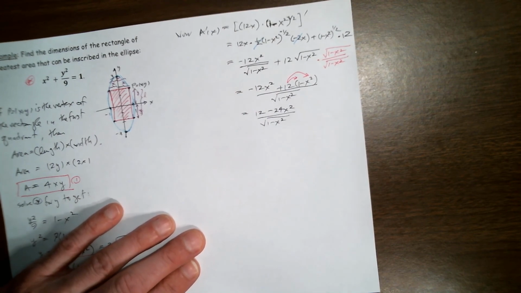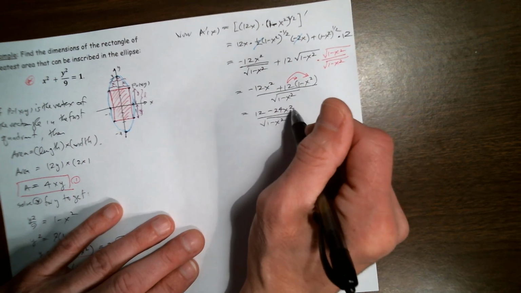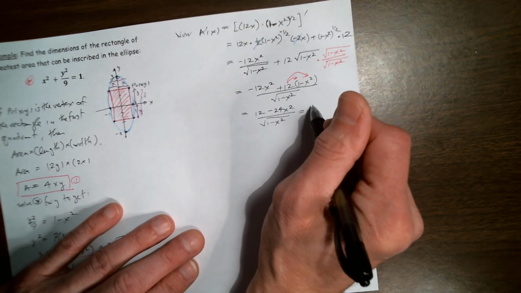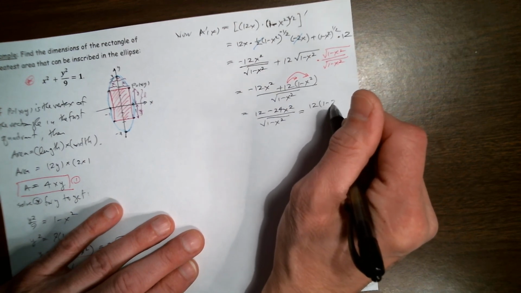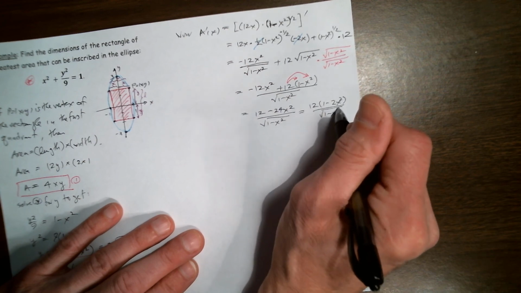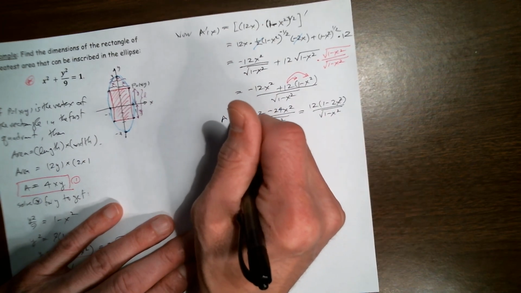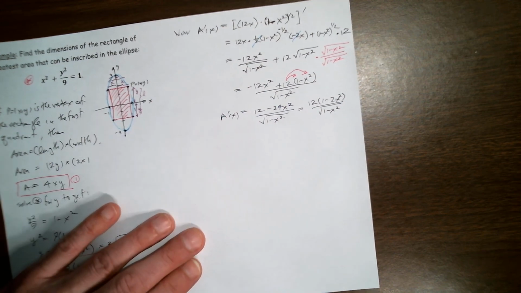Okay, and so let's factor out the 12 in the numerator to write 12 times 1 minus 2x squared all over the square root of 1 minus x squared. Okay, so that would be our simplified formula here for the derivative of area.